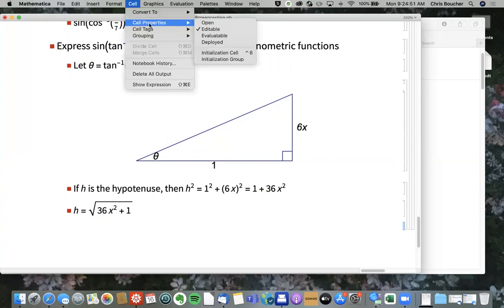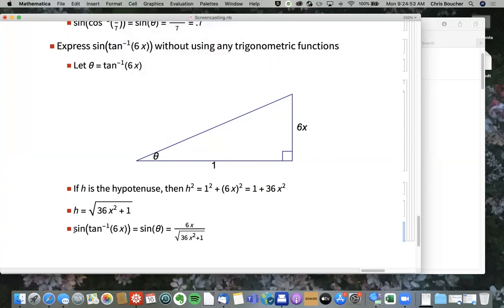So now I just have to write those things down. This is where we started. That's equal to the sine of theta because we introduced the variable theta for the inside quantity, and that is opposite over hypotenuse. And you can see that we've expressed this thing in such a way that there are no trig functions involved in the expression, which is what we wanted to do.